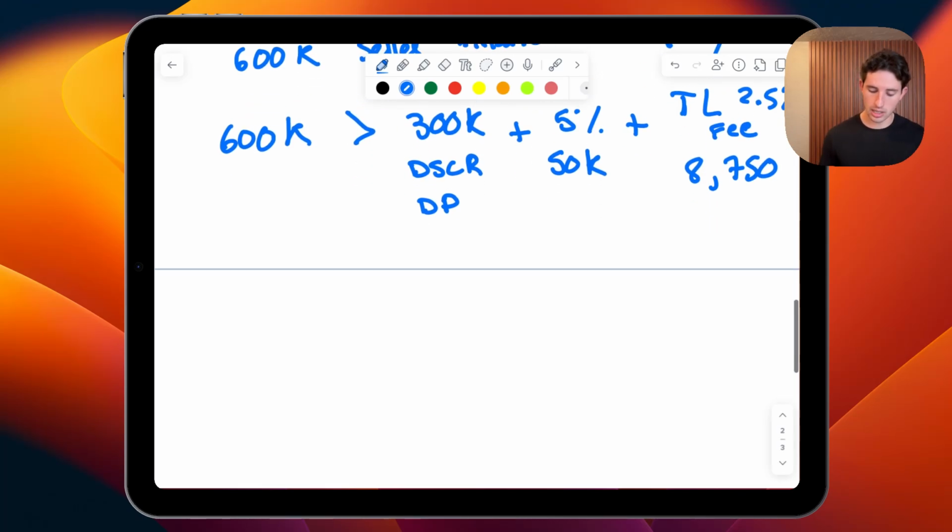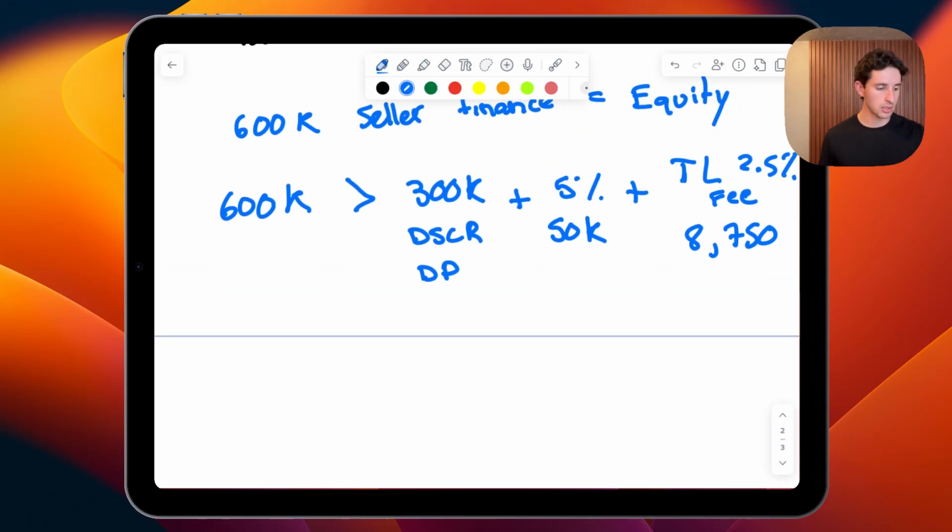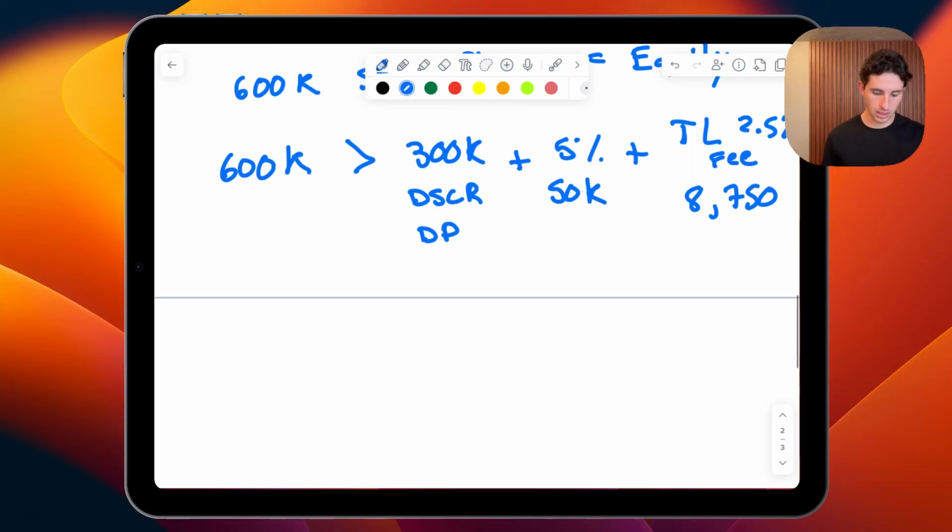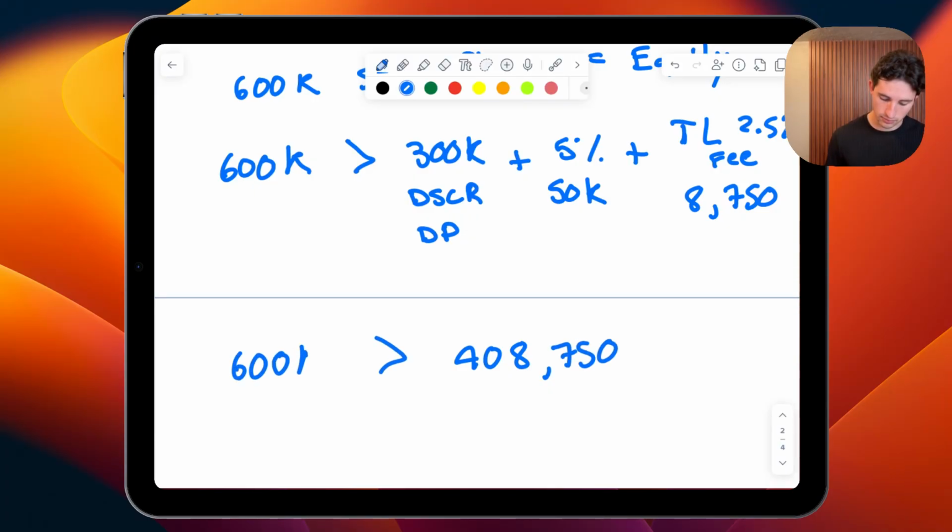So let's add all those numbers together. We get 350 plus 50,000 plus 8,750, okay, we get 408,750. 600k here, seller finance.